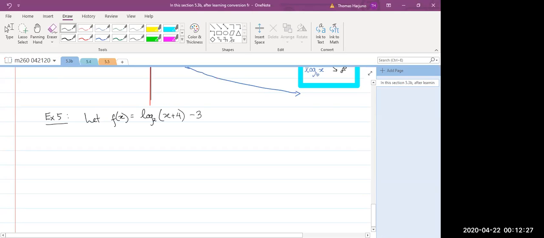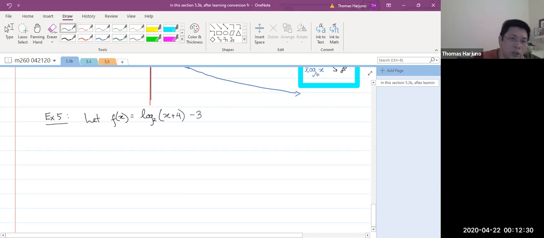I think I asked this function a lot in my test. I think I asked the same function at least 3 times. But I hope you will see why I ask this a lot. Okay, now first one, how about the domain?